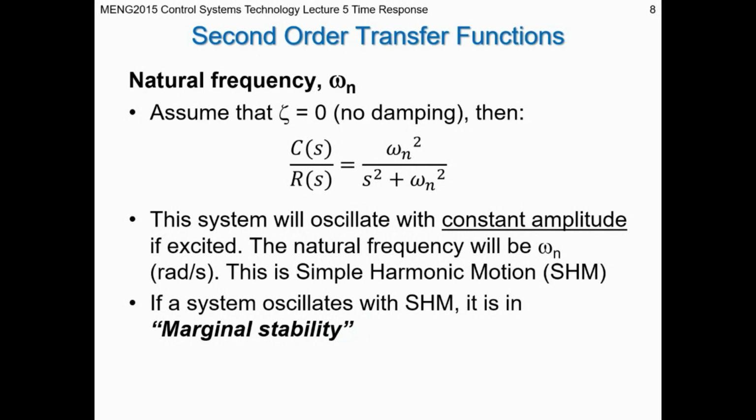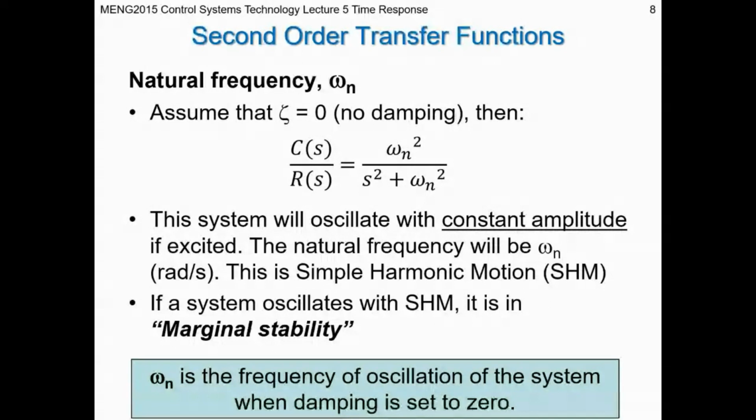If you take energy out of the system, it will start to converge to a settled value. It would be damped, in other words. But if we add any energy, it's going to become unstable. And so that omega n is the natural frequency of oscillation of the system when damping is set to 0. And remember, omega n is expressed in radians per second.